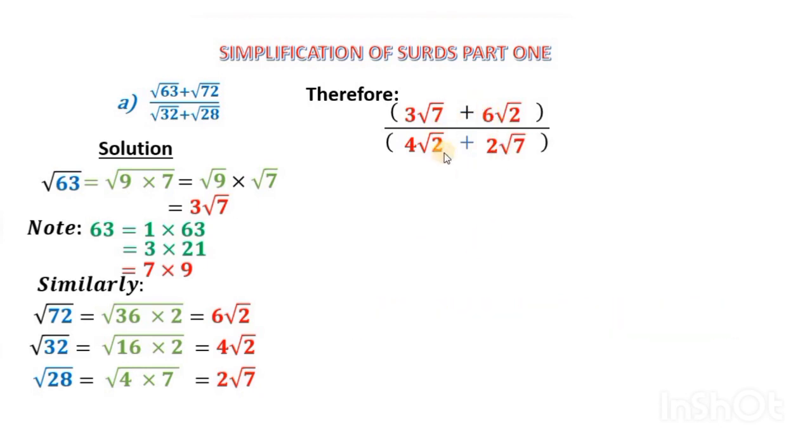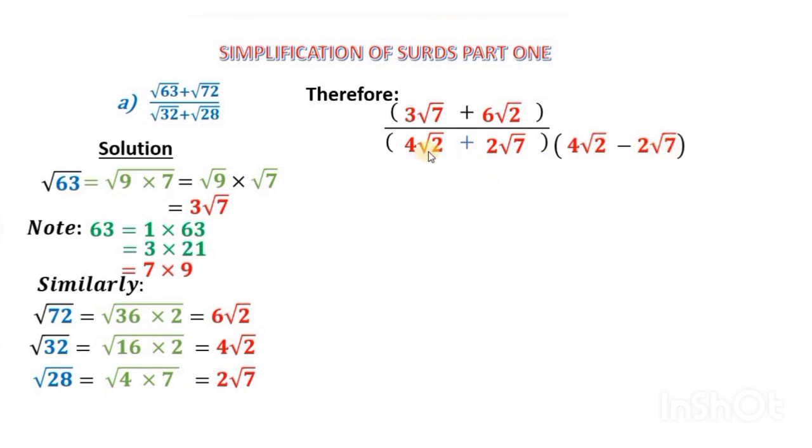Now for this part, the next thing is to simplify it further. And we can note that on the denominator, we have SURDS, and therefore we will rationalize the denominator by multiplying it by its conjugate. So the conjugate of 4 root 2 plus 2 root 7 is 4 root 2 minus 2 root 7.